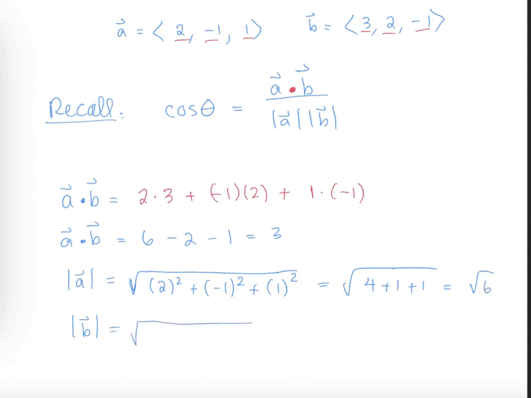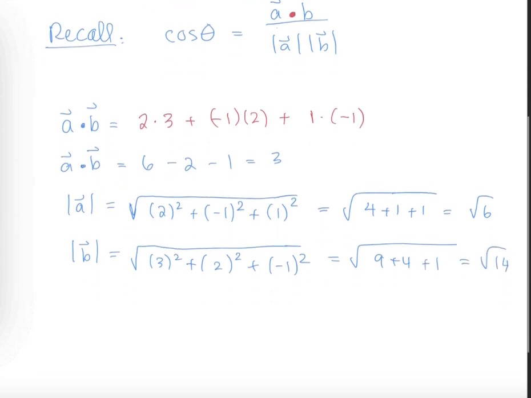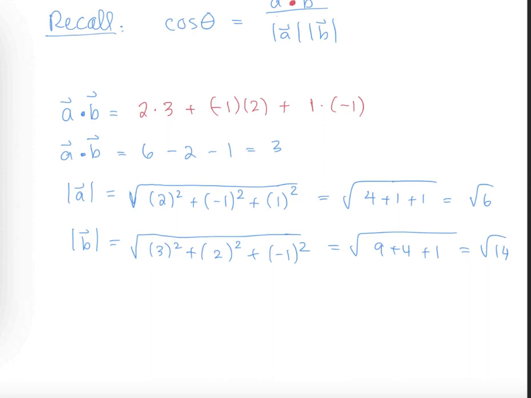For the magnitude of B, we're going to square all of its components and add them together. So that's going to give us the square root of 9 plus 4 plus 1, which is the square root of 14.